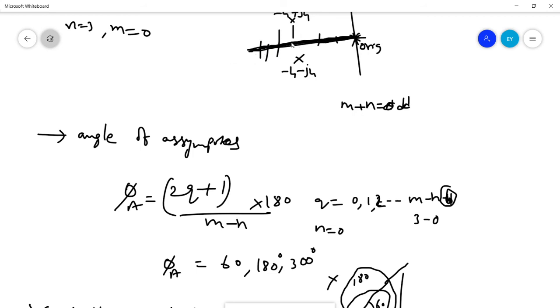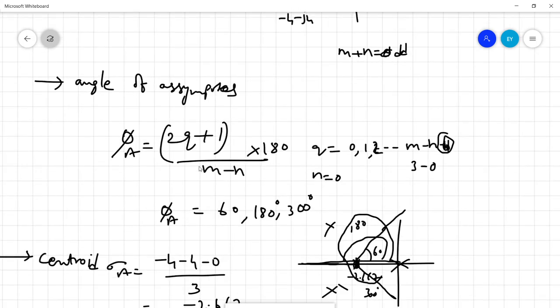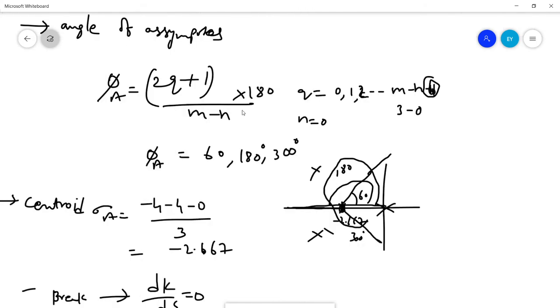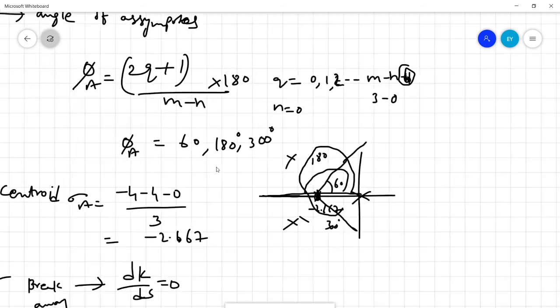So we should get 3 angles of asymptotes. From this formula, for q equals 0 you get 60, for 1 you get 180, and for 2 you get 300.